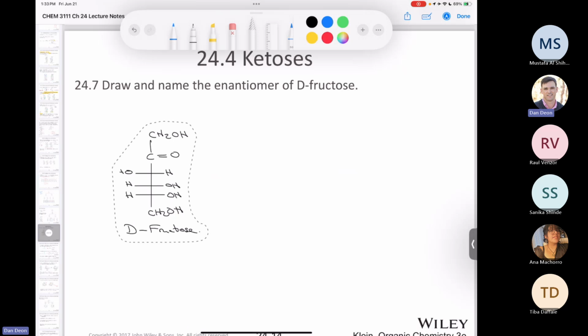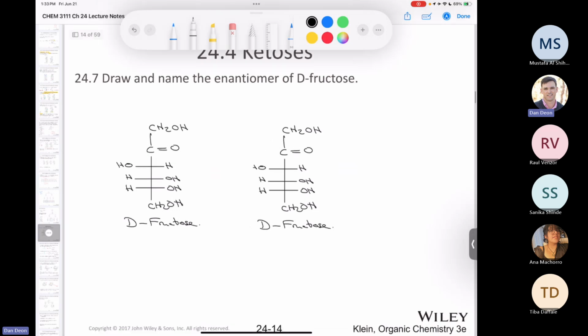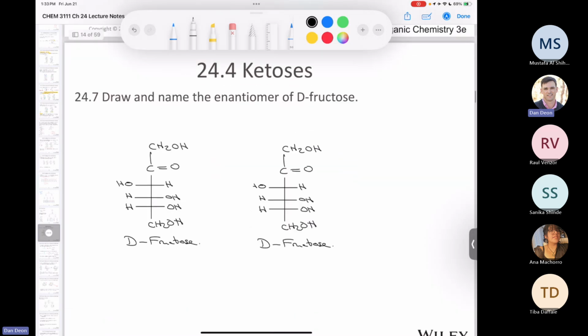To draw the enantiomer, all I have to do is paste the same structure and reverse every chiral center. Some of this didn't come out, so to make L-fructose, let me get my eraser here, I'm going to erase this, and we're going to call this L-fructose. We just have to switch every chiral center.